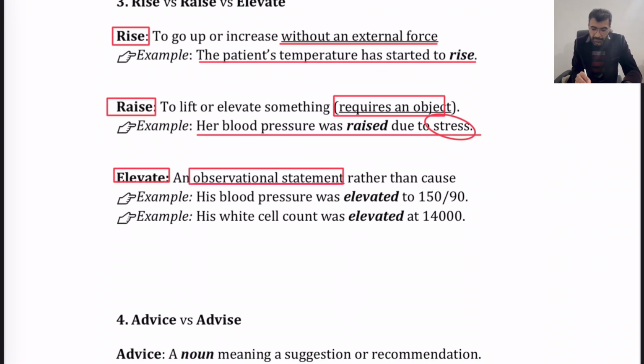Then elevate. Elevate is an observational statement. His blood pressure was elevated to 150 over 90. His white cell count was elevated to 14,000. So when we are writing an observational statement, we need to show an increase of something, and elevated is the best word.